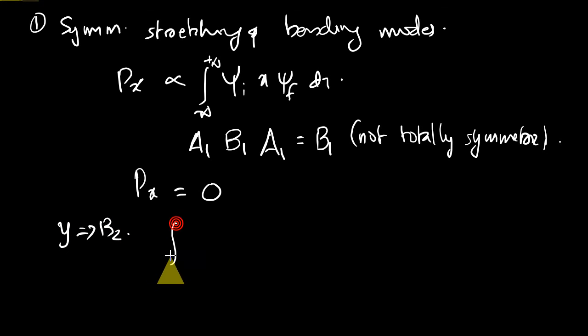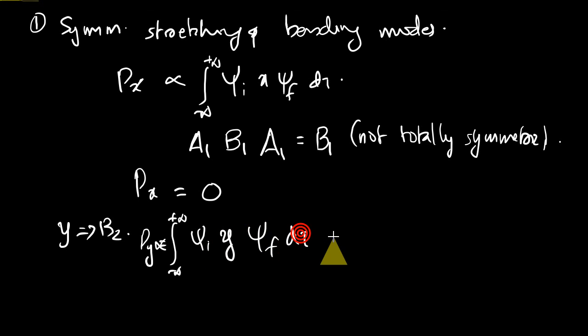The component of the probability of transition in the y direction, Py, is proportional to the integral from minus infinity to plus infinity of psi I, y, psi f d tau. Psi I is A1, and psi f is also A1 for symmetric stretching and bending modes. But what about y? Y transforms as B2.